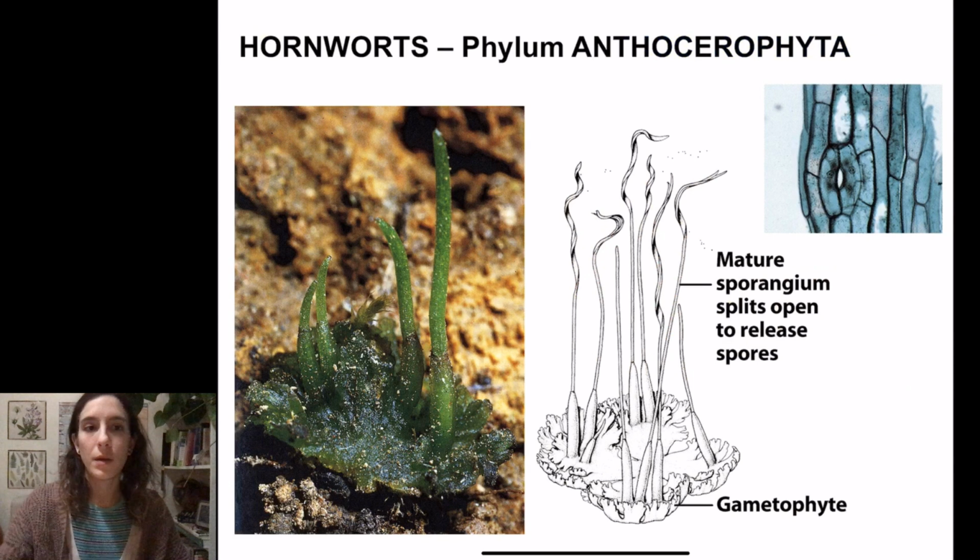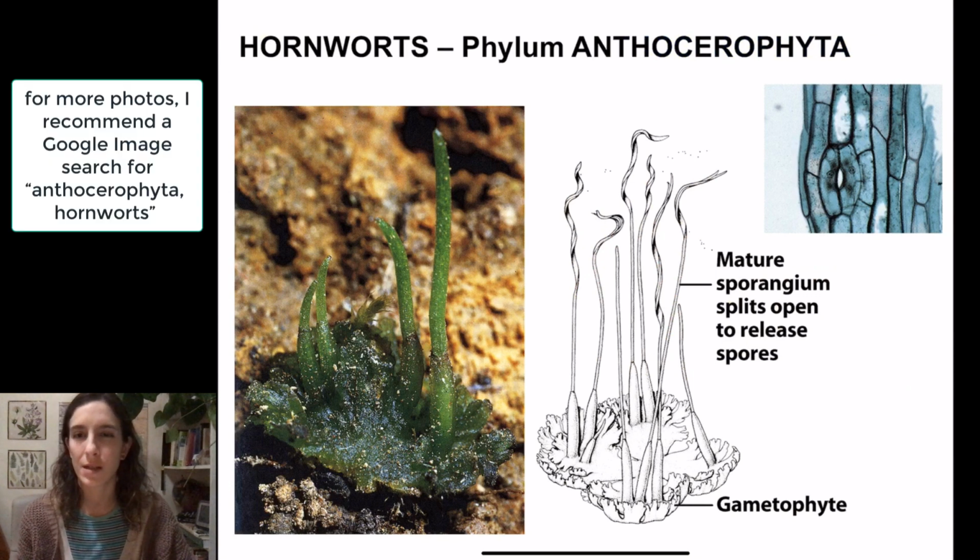Okay, now our last phylum of Bryophytes is Anthocerophyta. These are the hornworts, and like the mosses and the liverworts, they have a gametophyte dominant part of their life cycle.